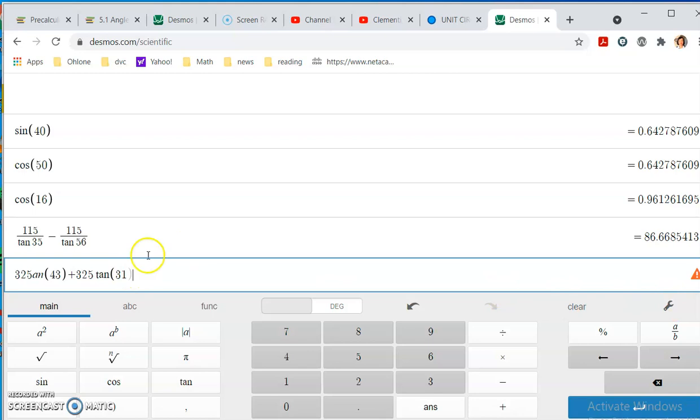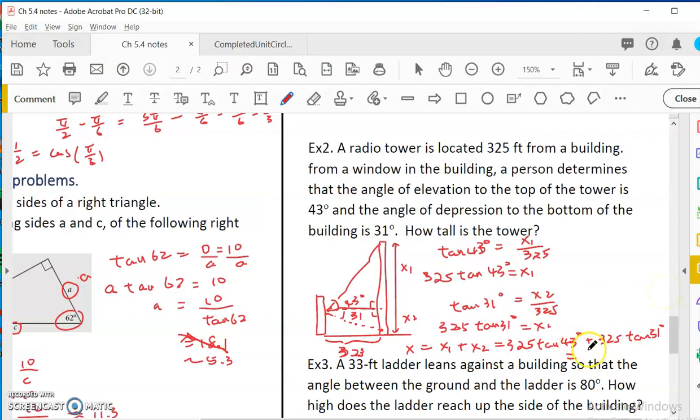So that's the answer. Oh, I forgot the tangent. There. 498.3. What is it in? It's in feet. Okay, so write the proper unit.